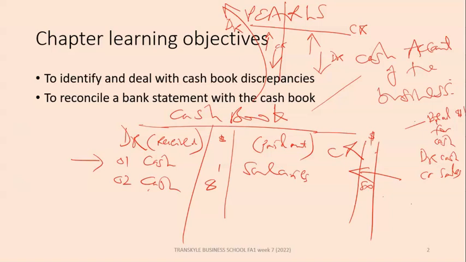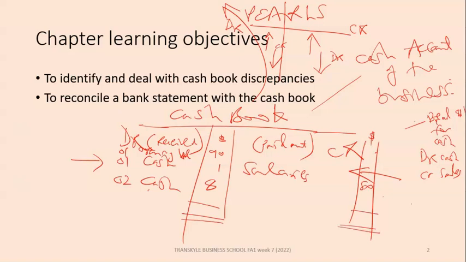Let's say on the 1st of this month we had an opening balance of, say, $90. But on this side, we only paid for salaries. So we have to add up, or balance up, the cash book.